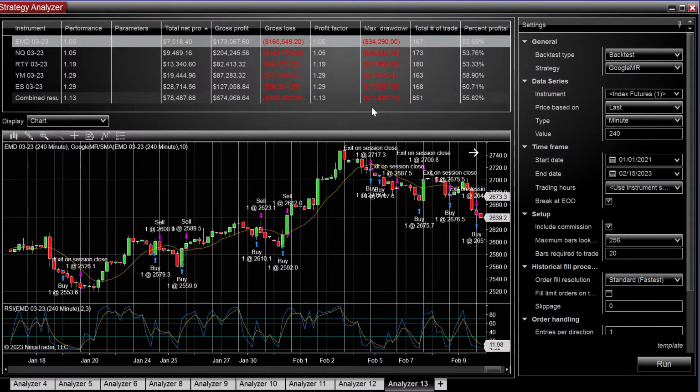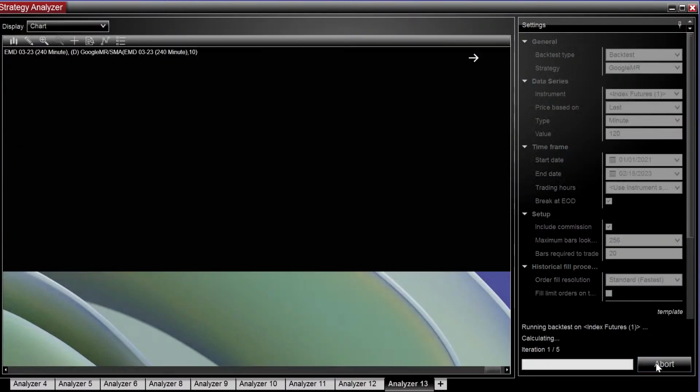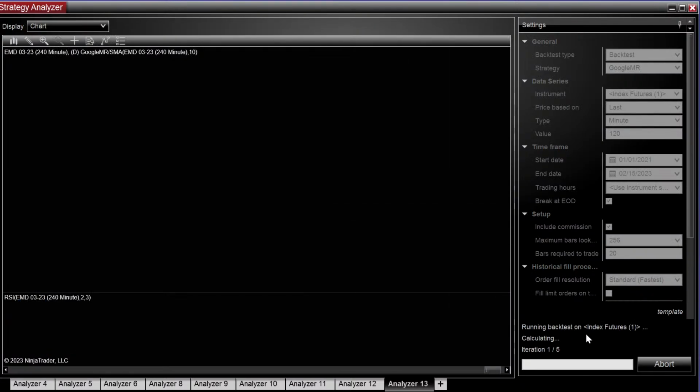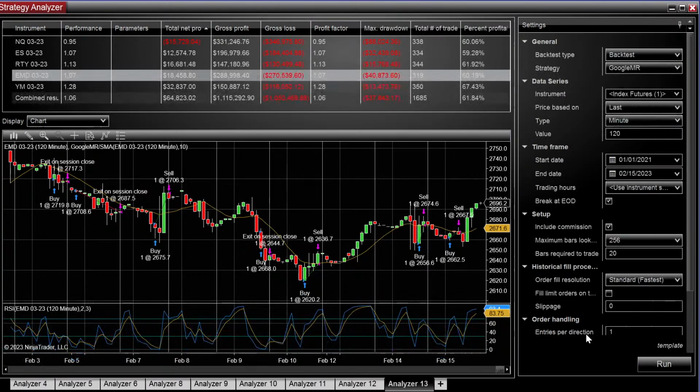Of course, the drawdown is kind of too high. Win rates aren't looking too good. Let's move to the 2-hour. Got 64 on 37.